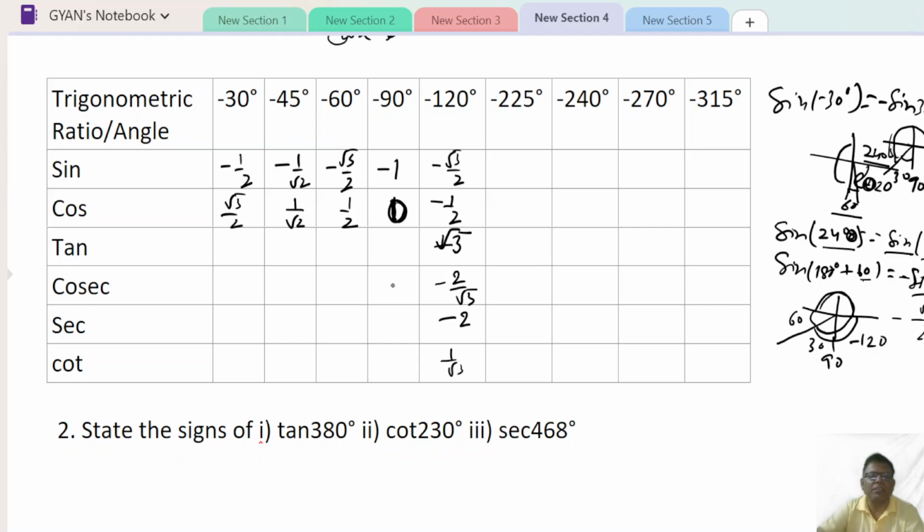Minus cos 90 means cos 90 is 0, so minus cos 90 will also be 0. Here it will be all negative. So negative, minus 1 by root 3. This is minus 1, and this is minus root 3 by 2.